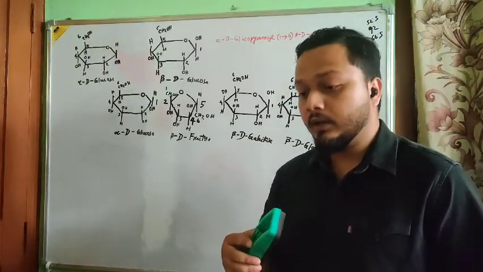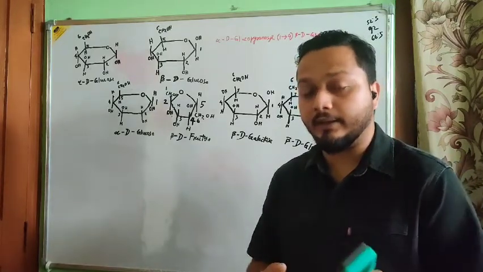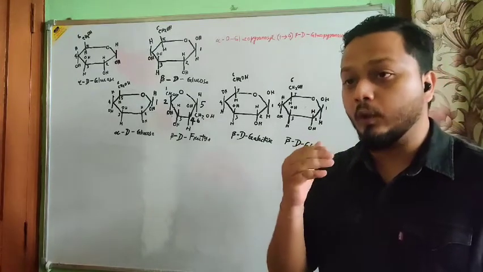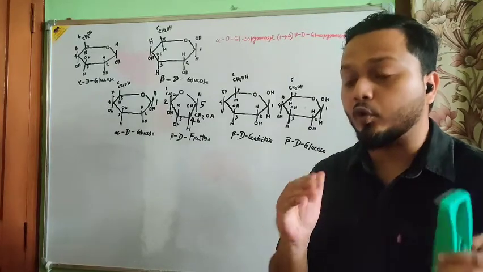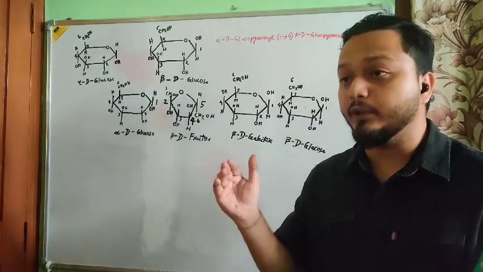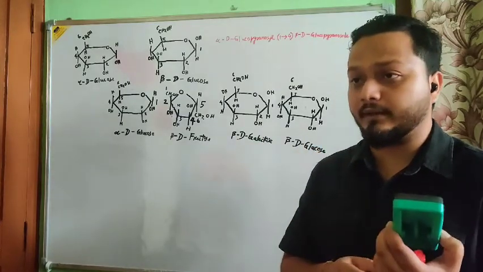Now, let us discuss what is glycosidic linkage. Glycosidic linkage is a bond formed between the hydroxyl groups of two monosaccharide units in a disaccharide or oligosaccharide.